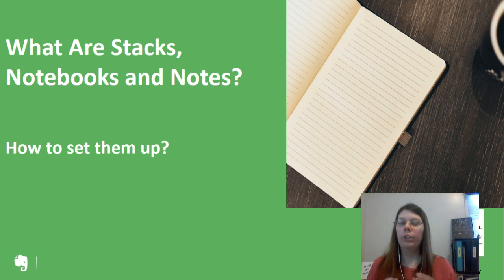And then of course your notes, that would be your individual pages that go within your binder. Does that make sense? So essentially that is the basic structure of Evernote, and I'm going to show you how to set up each one and how to create daily tasks within Evernote to help streamline your day.